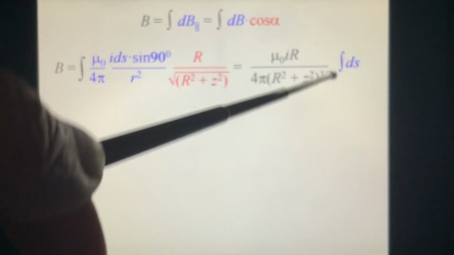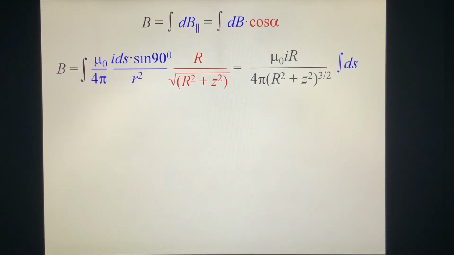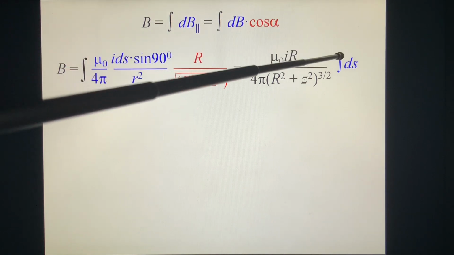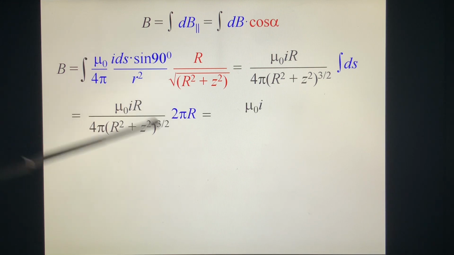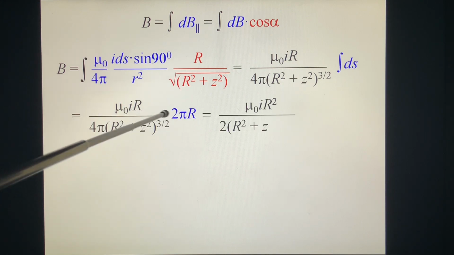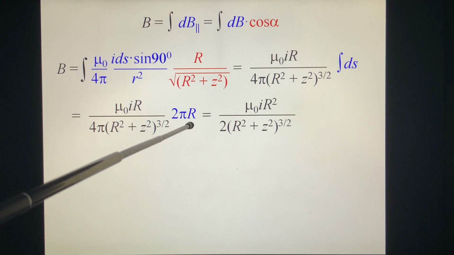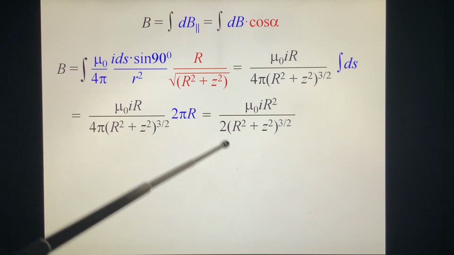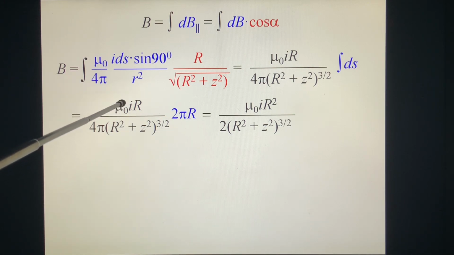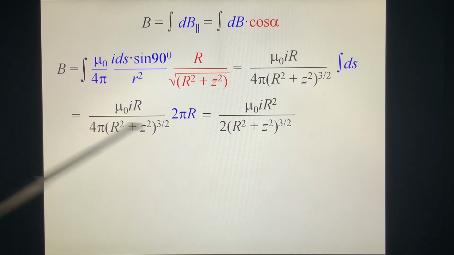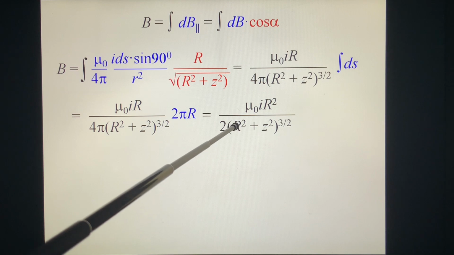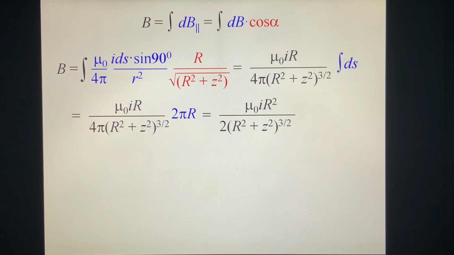We get the integral of dS, which for a full round trip of the coil equals 2 pi R, the circumference of the circle. Putting this in, B equals mu 0 I R squared over 2, times R squared plus z squared to the power 3 over 2.